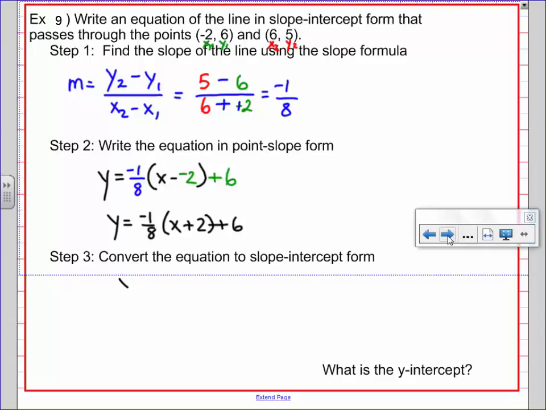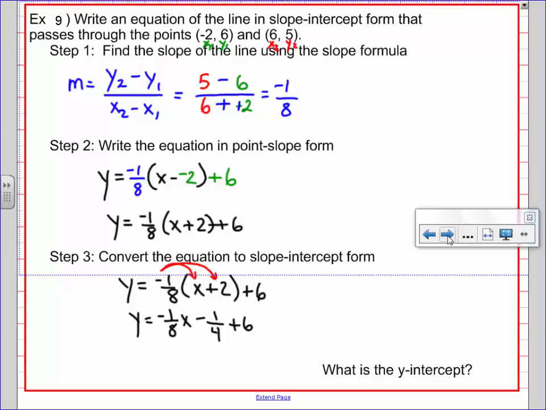And then if I want to convert into slope-intercept form, I simply distribute the slope through the parentheses. So negative 1/8 times x and negative 1/8 times 2. That would give me negative 1/8x. Well, negative 1/8 times 2 is a negative 1/4 plus 6.